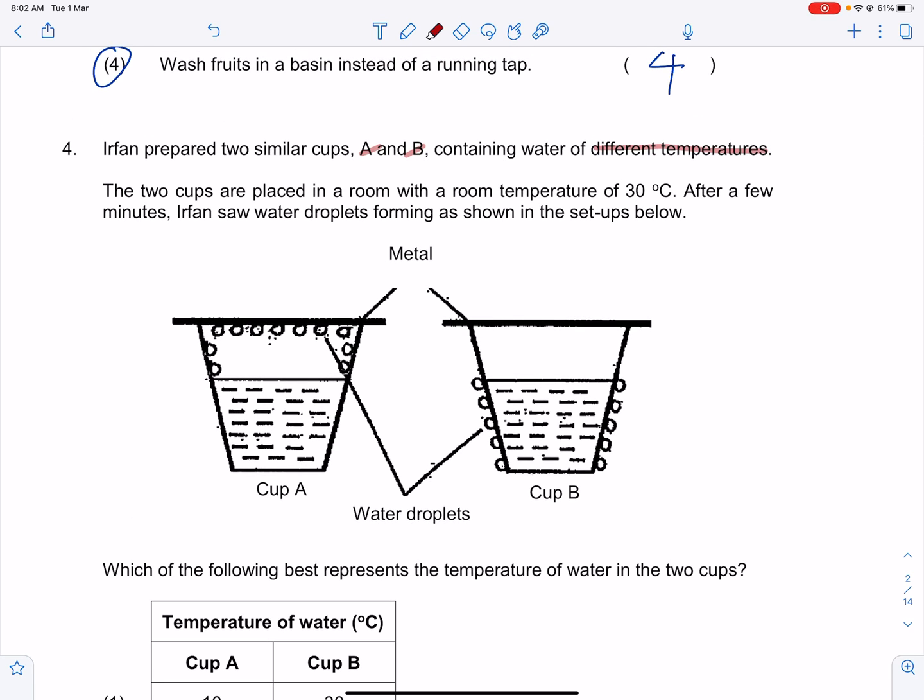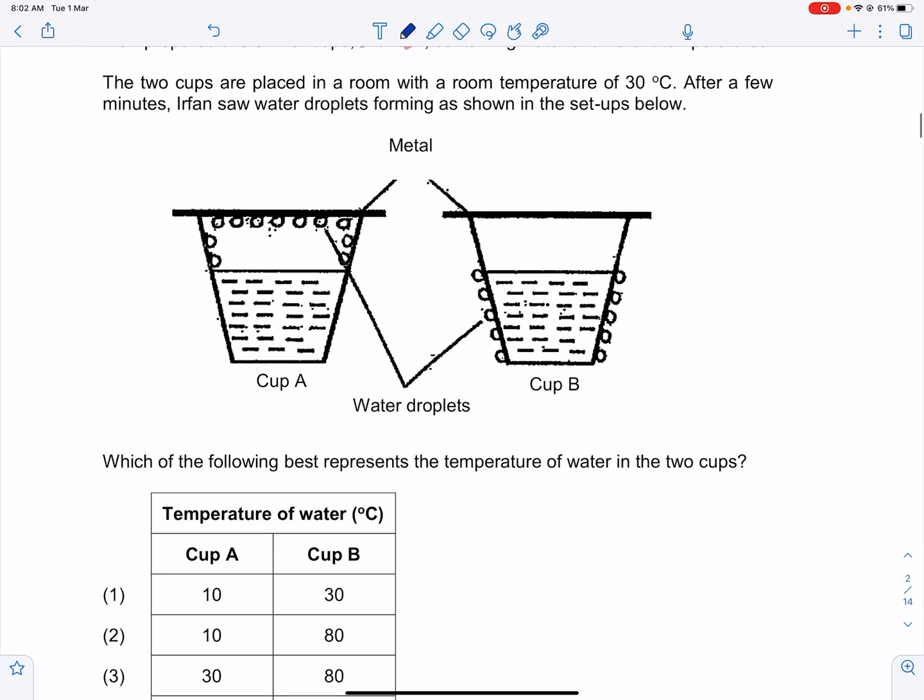In every experimental setup, there will be a change variable and a measured variable. The change variable for this case would be your different temperature, and your measured variable in this case is the amount or location of water droplets that you are observing.